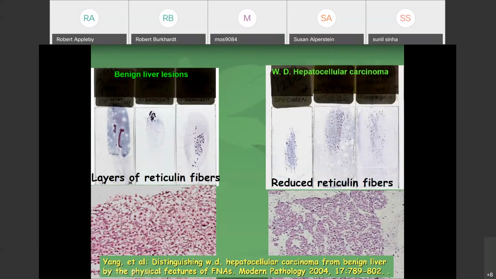And that's why the liver aspirate is granular, because the reticulum fiber is gone. So that's cool, because liver pathologists use reticulum stain for difficult liver core biopsy. It's very important, the presence of the reticulum fiber.